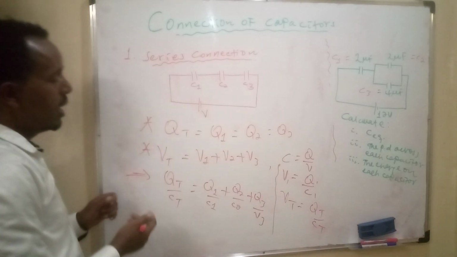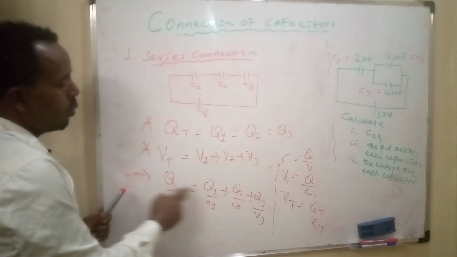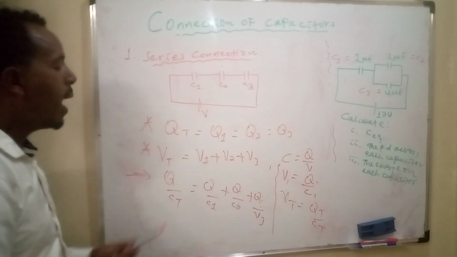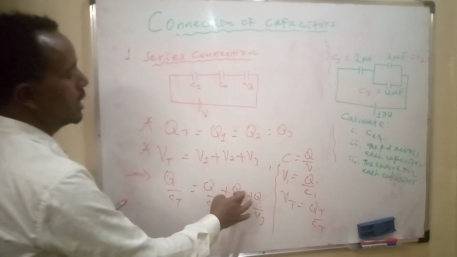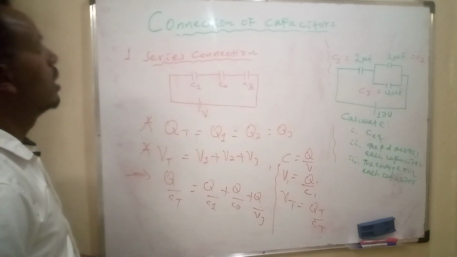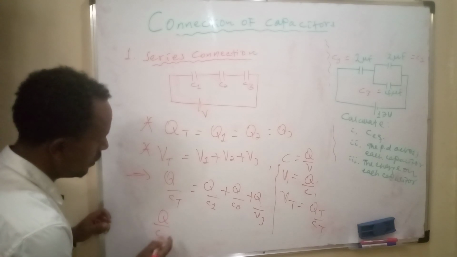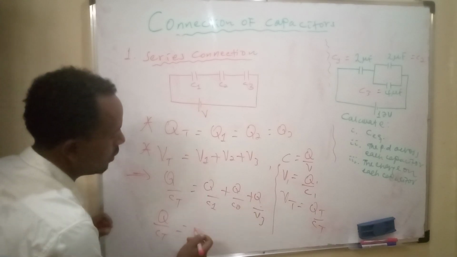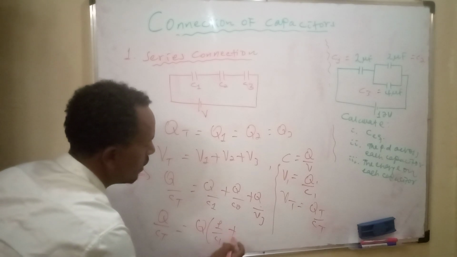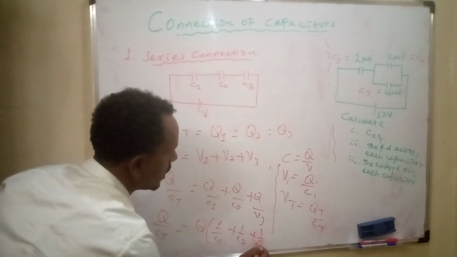Since the charge is constant on each capacitor, it is possible to use one symbol, Q, for the charge stored on each capacitor. Therefore, Q over C total is equal to, here Q is common, Q times (1 over C1 plus 1 over C2 plus 1 over C3).